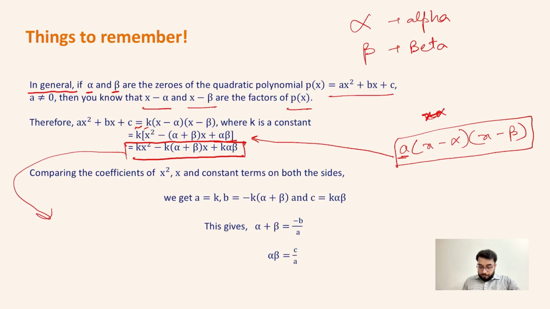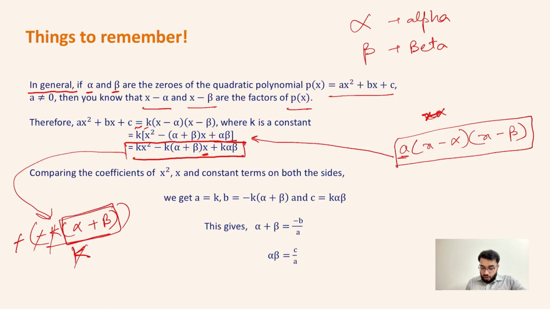And now look at this. In this, the coefficient of x is minus k times alpha plus beta. Now, if I divide it by just the coefficient of x square and I give a minus sign to the whole upper, the negative cancels, the k cancels, and what am I left with?